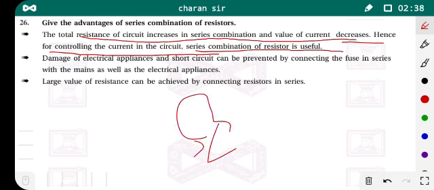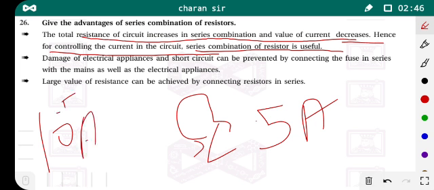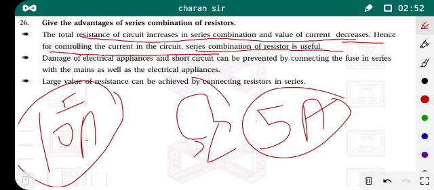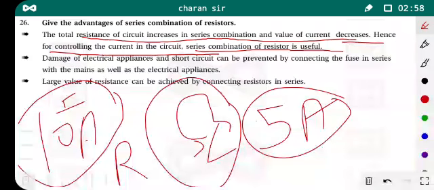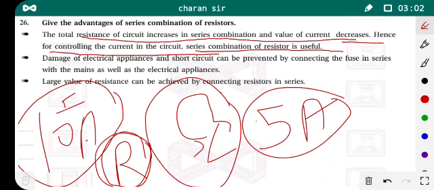Suppose this bulb is operated at 5 amperes, but we have a source that produces 10 ampere current. So we need to reduce this 10 ampere to 5 ampere for operation of this bulb. At that time we connect a resistor in the circuit. These resistors have the capability or tendency to reduce this 10 ampere into 5 amperes.